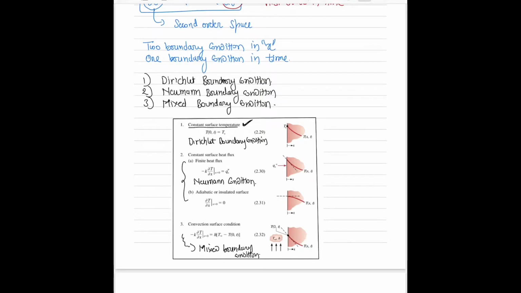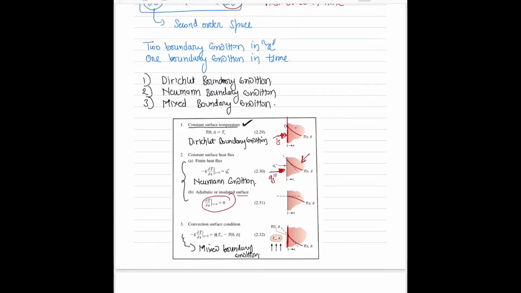In the constant surface temperature case, we have a block and this surface is maintained at a constant temperature Ts, whereas in this figure we have a constant heat flux qs double dot, or its value is equal to 0 in case of insulation. Such a boundary condition is known as the Neumann boundary condition, and the first one is the Dirichlet boundary condition.